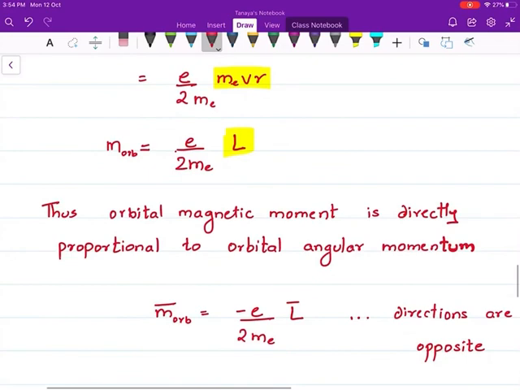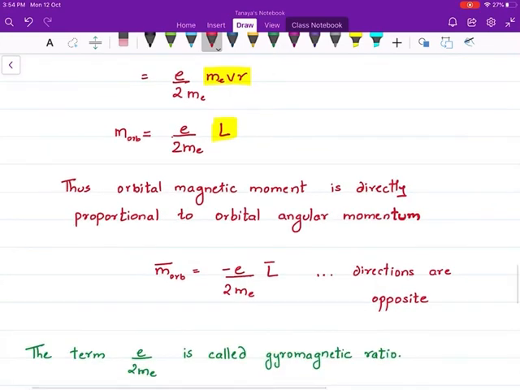And what else do we know? If we write it in vector form, m bar is equal to minus E upon 2me into L bar, because the charge is negative. It is an electron, so it has a minus charge. This minus sign shows that the directions are opposite.